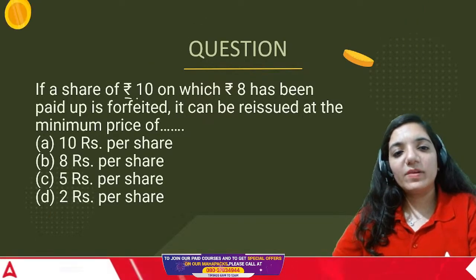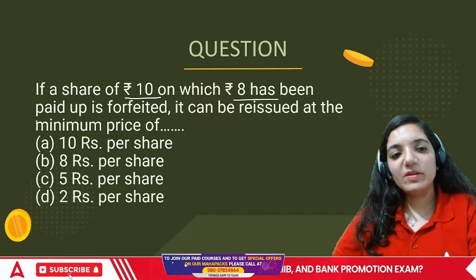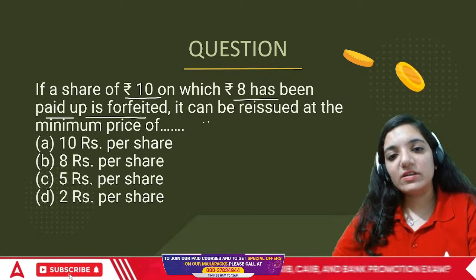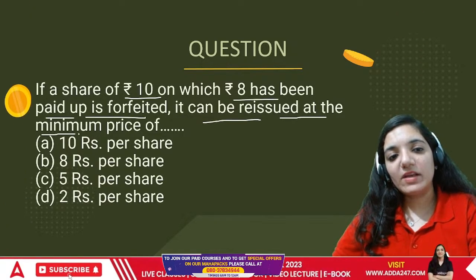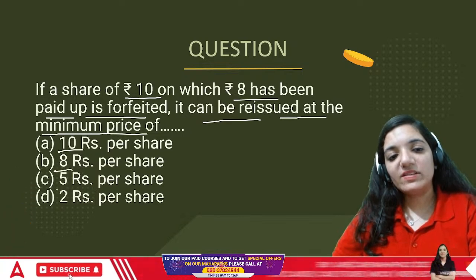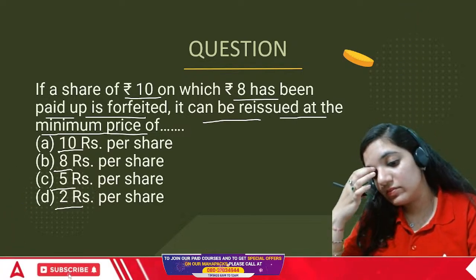If a share of rupees 10 on which rupees 8 has been paid up is forfeited, it can be reissued at a minimum price of rupees 10, rupees 8, rupees 5, or rupees 2.